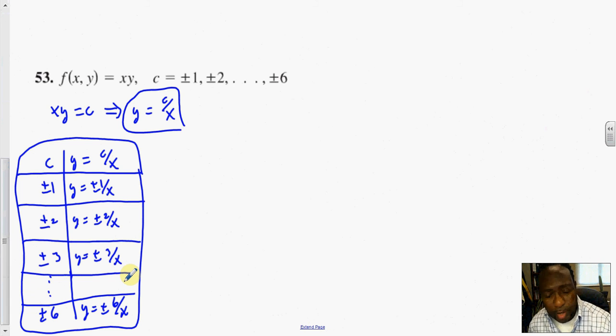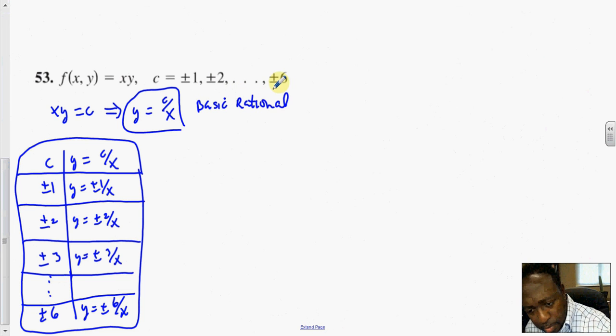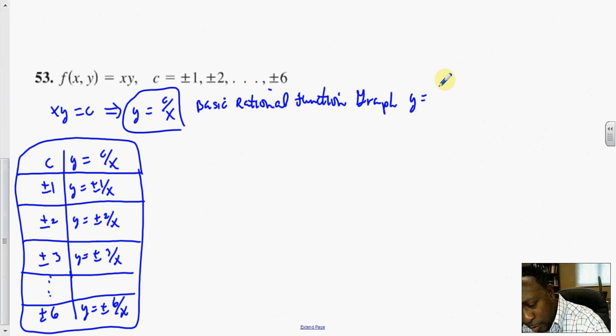So the basic graph is the basic rational function for y is equal to 1 over x.